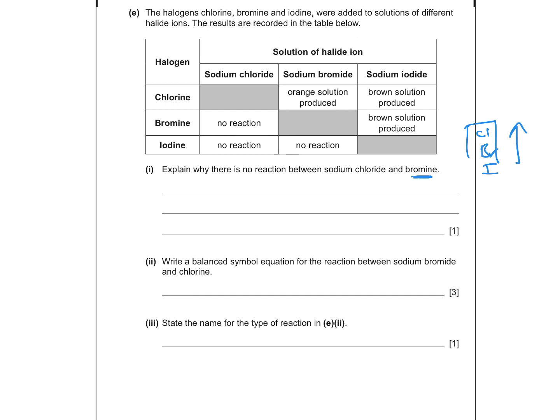Now bromine is below chlorine. So bromine is less reactive than chlorine, so it's not able to displace the chlorine from sodium chloride. So the answer is just bromine is less reactive than chlorine. Another way you could say it is chlorine is more reactive than bromine.